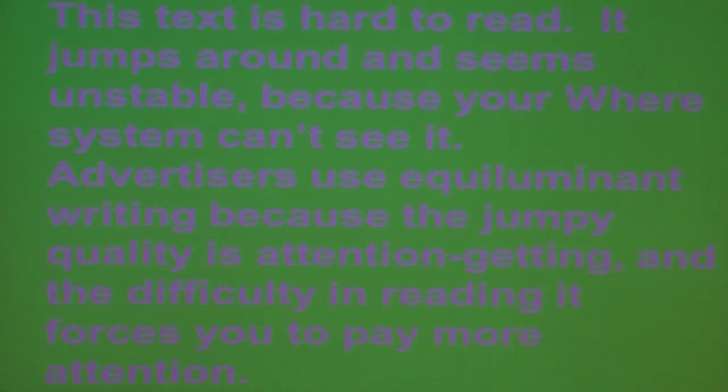The original's at the MoMA in New York. It's about this big across, and it's absolutely nauseating how much it jumps around. And I think it jumps around because your what system can see the yellow checks, but your where system can't, so their position is indeterminate and they can seem to move. Advertisers do this all the time. They use equiluminant text to catch your attention because it has this jittery quality, and it also is hard to read, which I'm going to talk about at the end.